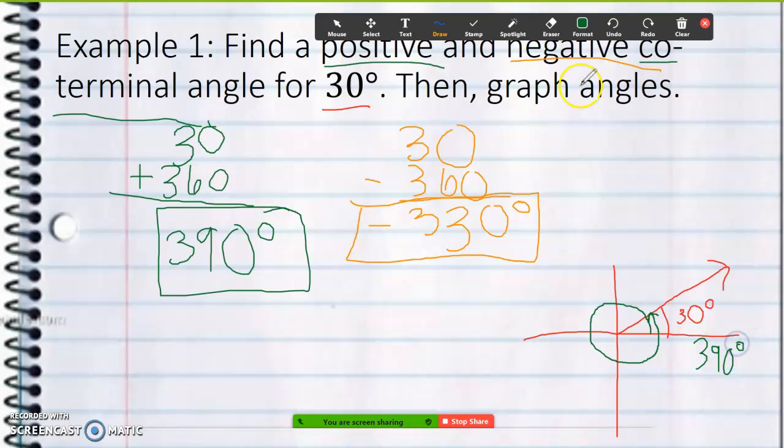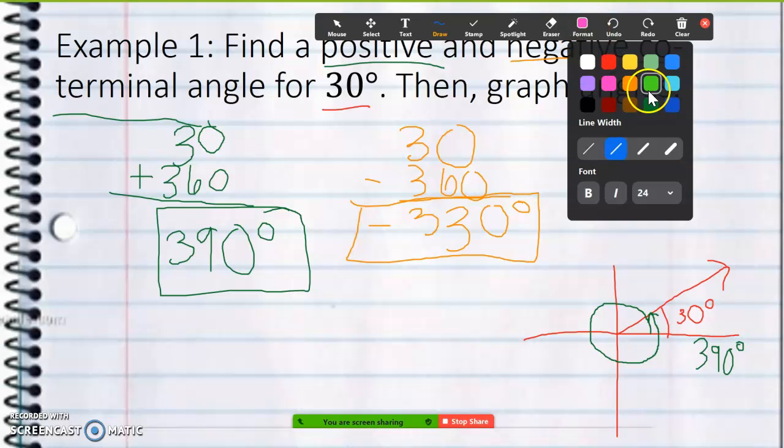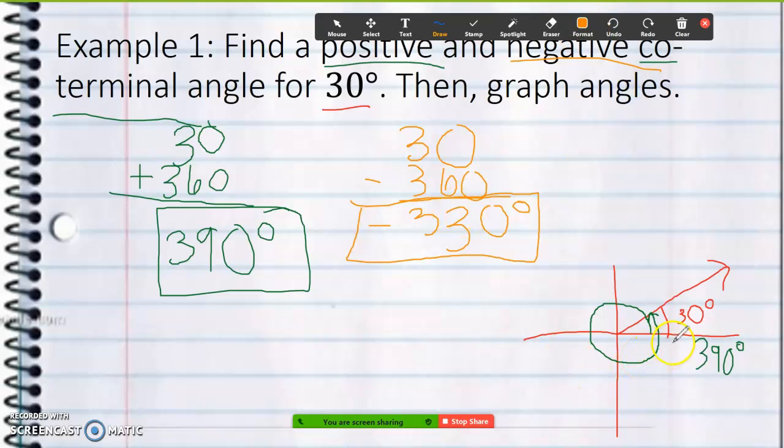Versus negative 330 degrees, you're going to go clockwise because it's a negative angle, and so you would end up right there. Since these are 3 different angles and they look very similar, you might want to use 3 different colors. If you need different colors, let me know, and I can give you colored pencils or markers or whatever you may need.